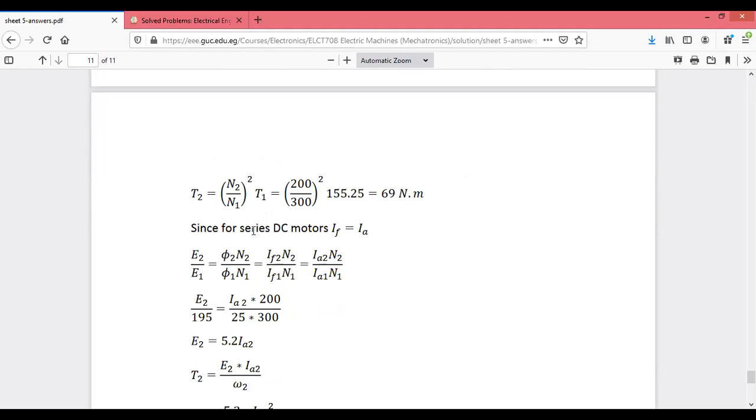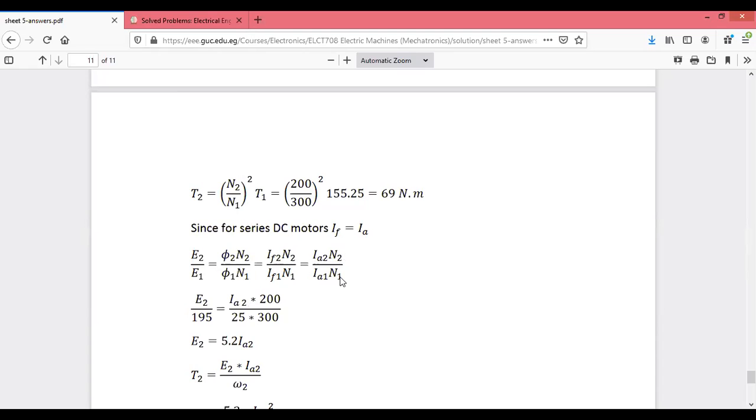But what we are saying here is that for a series DC motor, the field winding and armature are in series, so that current will remain the same. We can take IF2 equal to IF1 equal to IA2 upon IA1, because we are supposed to solve for a series motor. So you can write your EMF equation in the form of armature current: E2 upon E1 equal to IA2 N2 upon IA1 N1.